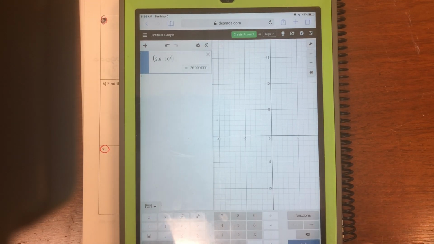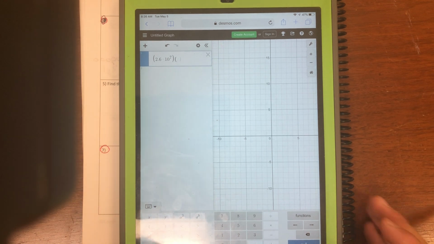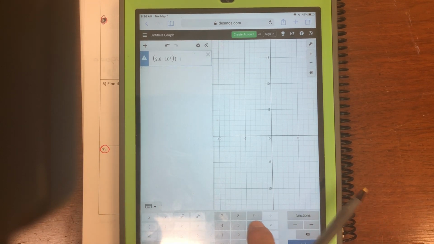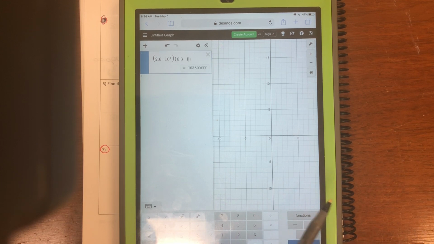Then make sure you click this little button right above the backspace, the function button, so you can scroll over once and be able to put your parentheses. Then go ahead and open another set of parentheses, and now we're going to say 6.3 times 10 to the power of 4. And once again, scroll over and put parentheses.